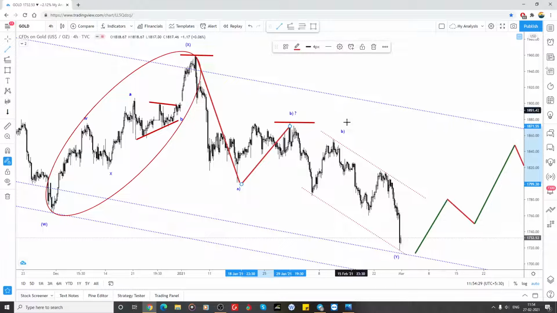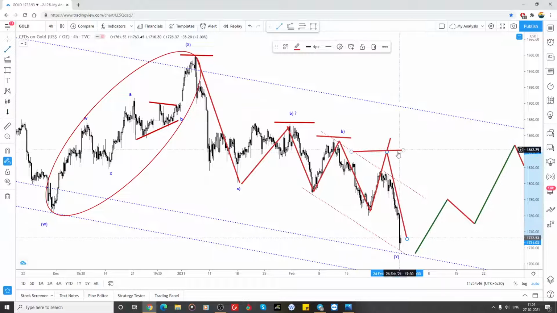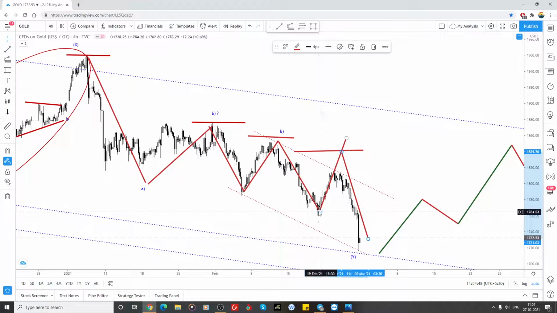So I thought this could be a W, this X, A, and again I expected this has to break this high, or it is in this kind of running flat. Again from here it has to come down. So like that I expected.